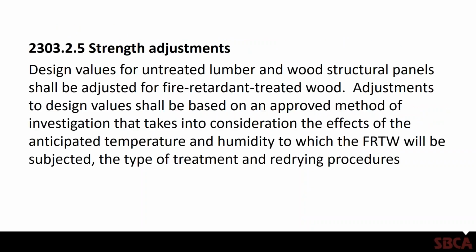Okay. Now, section 2.5, strength adjustments. The design values for untreated lumber and wood structural panels would be adjusted for the fire-retardant treated wood. These adjustments to the design values have to be based on approved methods that take into consideration the effects of the anticipated temperature and humidity to which the FRTW will be subjected, the type of treatment, and the redrying procedures.